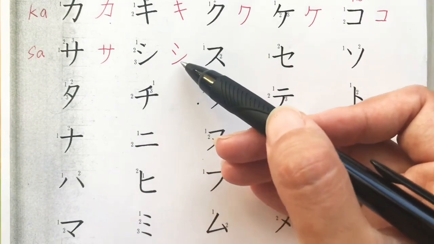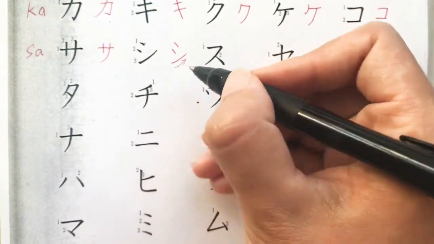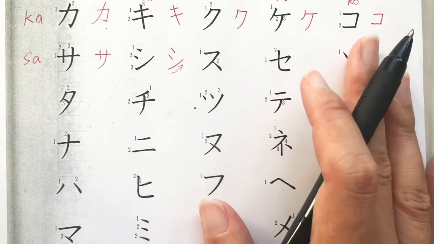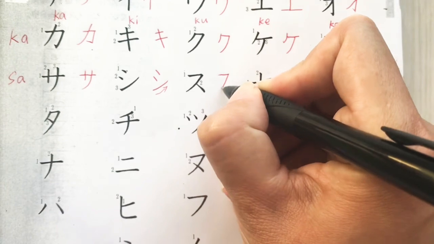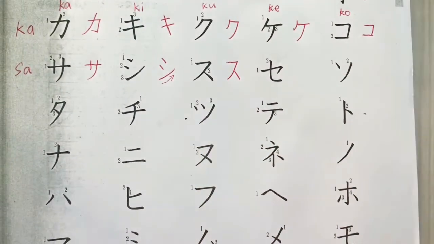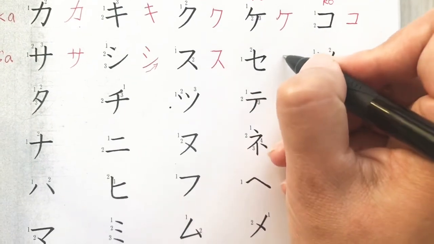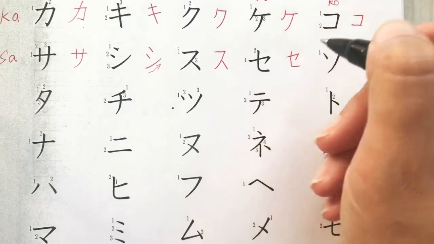Here I need you to focus. It starts from down to up. Shi, shi. Next one, su, su, 2 steps. Next one, se, 2 steps. 1, 2.